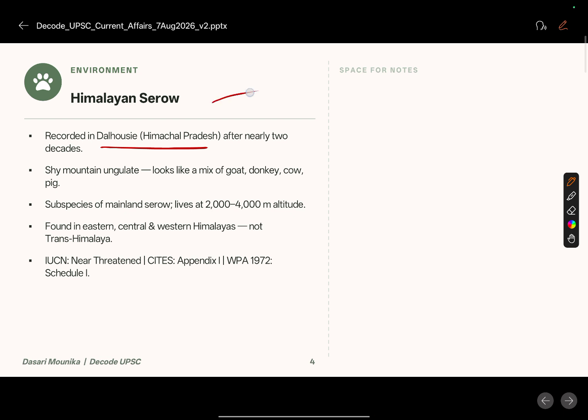It is very shy, doesn't interact with people, and doesn't usually come out. That is the reason it was not spotted clearly in the last 2 decades.